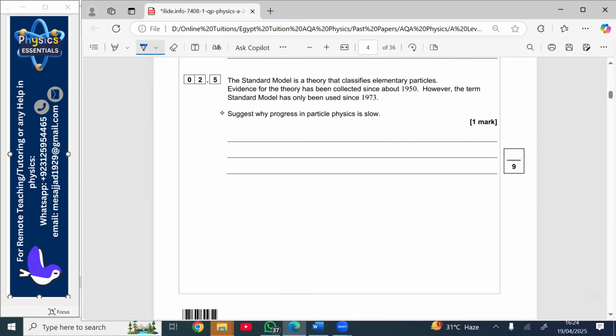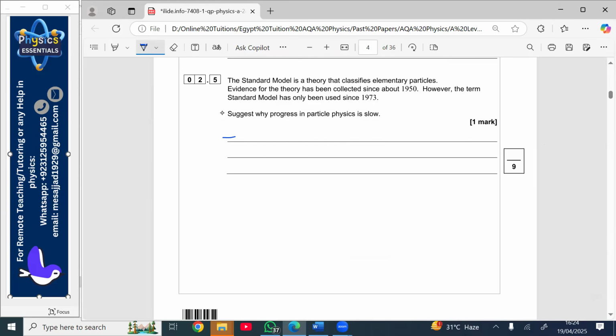2.5. The standard model is a theory that classifies elementary particles. Evidence for the theory has been collected since about the 1950s. However, the term standard model has only been used since 1973. Suggest why the progress in particle physics is so slow. So it means that you had enough knowledge of particle physics in the 1950s, but up till 1973, you had done a very small amount of work.